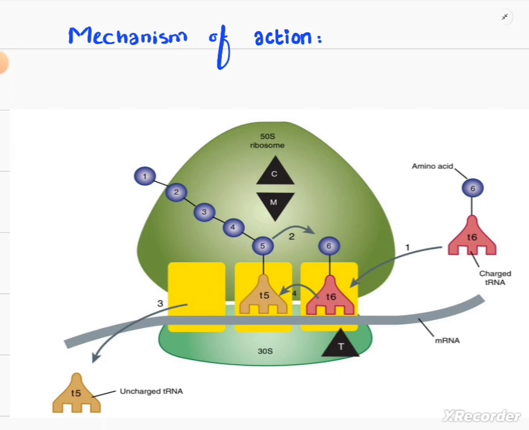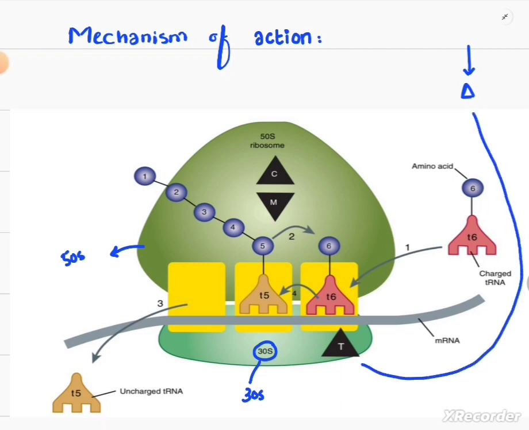And once inside the cell, they have a binding site at the ribosome 30S subunit. Ribosomes have two subunits: a bigger subunit, which is the 50S subunit, and a smaller subunit, the 30S subunit. Once the drug enters the cell, it binds to the 30S subunit of the ribosome.